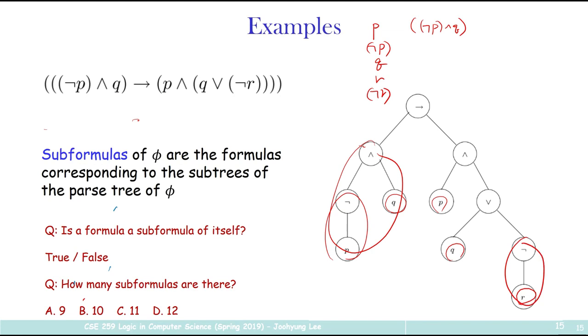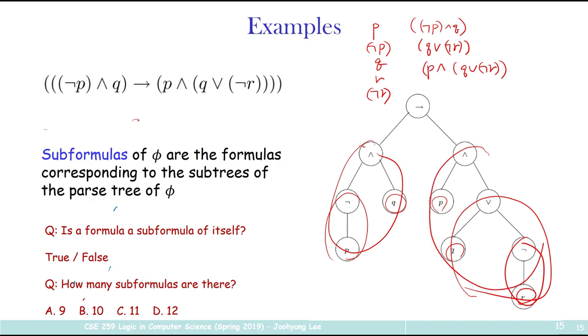Okay. And Q or not R. This is also a subformula. And P and Q or not R is also a formula, so I cover this guy. And then the whole formula.